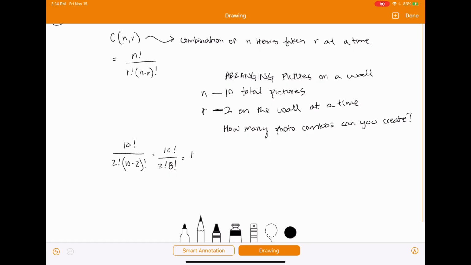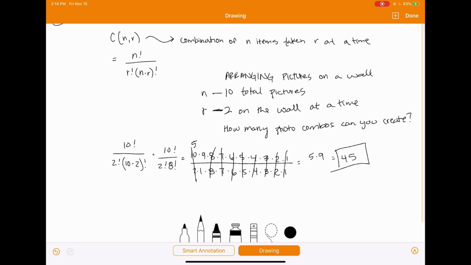So we can go 10 times 9 times 8 times 7 times 6 times 5 times 4 times 3 times 2 times 1 all over 2 times 1 times 8 times 7 times 6 times 5 times 4 times 3 times 2 times 1. And then you can start canceling things out. And we're just left with 5 times 9 on top, which is 45. So that would be our answer.